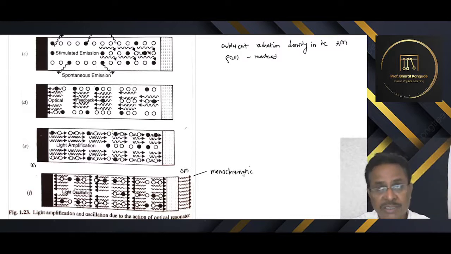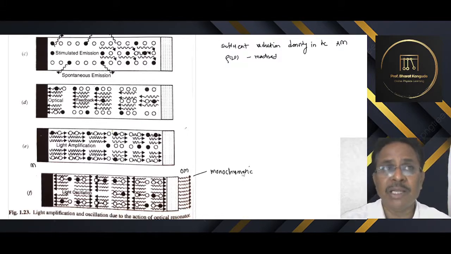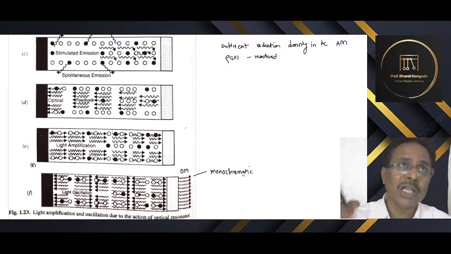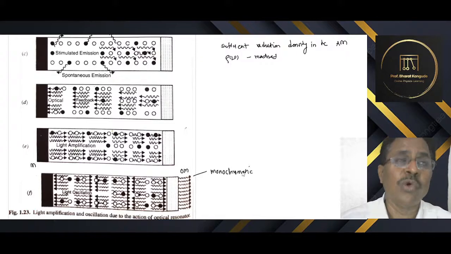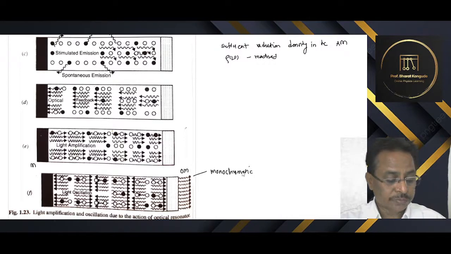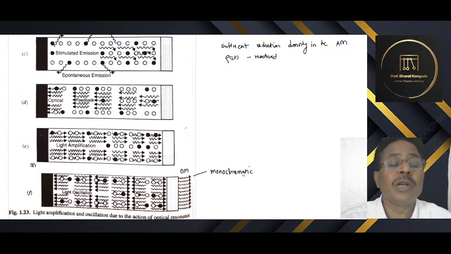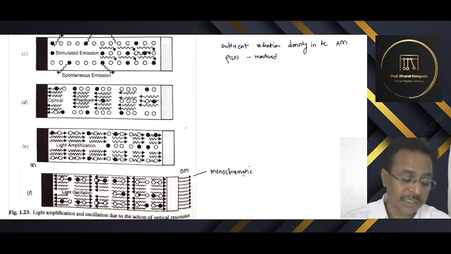So these mirrors are provided with a certain coating, and some of the radiations which are not required will be absorbed there. Only radiation of the particular frequency I am selecting will be allowed to come out of this mirror OM, and that is how the monochromaticity of the laser can be increased. Undesired frequencies will be absorbed if certain coatings are provided to mirrors M1 and M2, and only radiation of a single, particular frequency will be emitted.